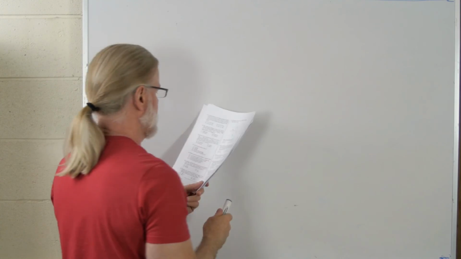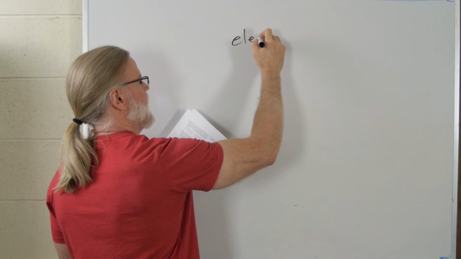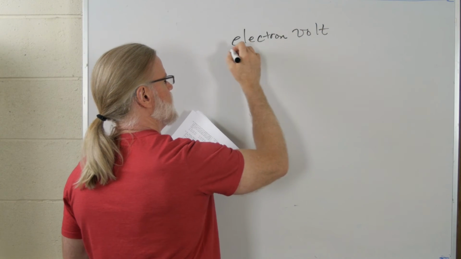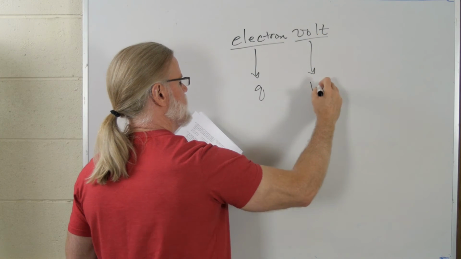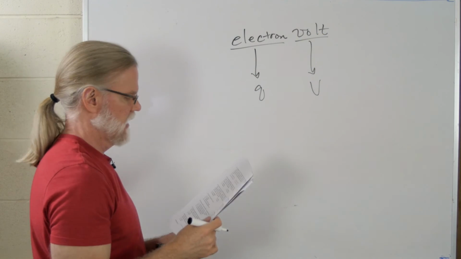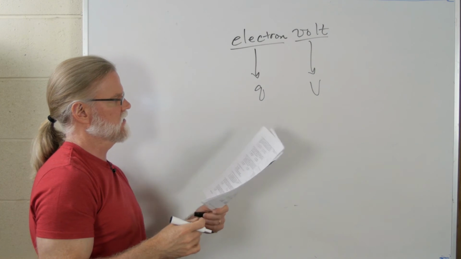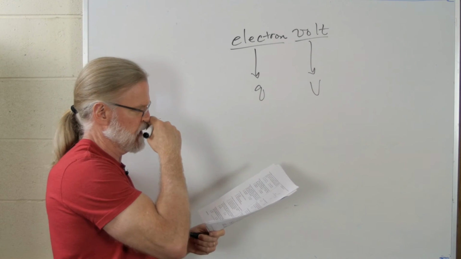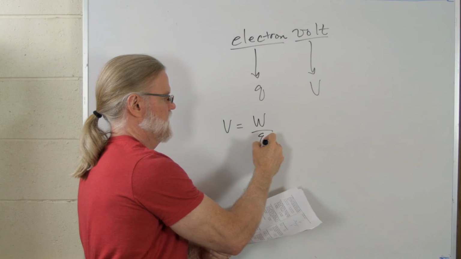We have electron volt as a unit, and we have two things in it, electron and volt. Electron is charge, and volt is voltage. If we look up in our reference table, we'll see voltage equals energy divided by charge.